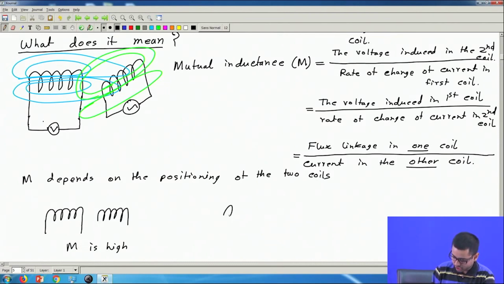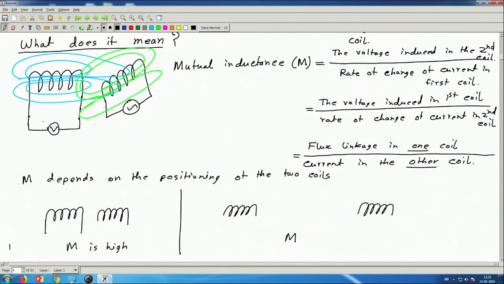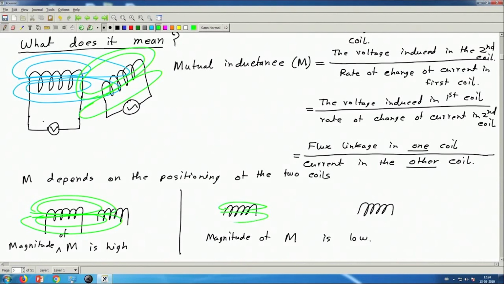But if I have the two coils quite far from each other, then the magnitude of M is low in this case, because here more flux can link them together, but here very little amount of flux possibly can link them.